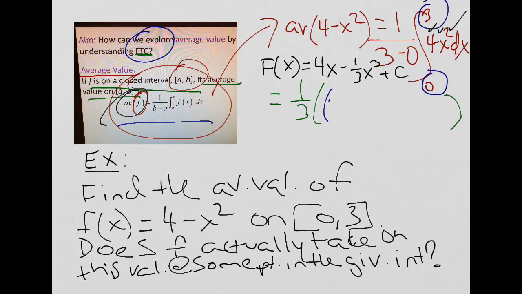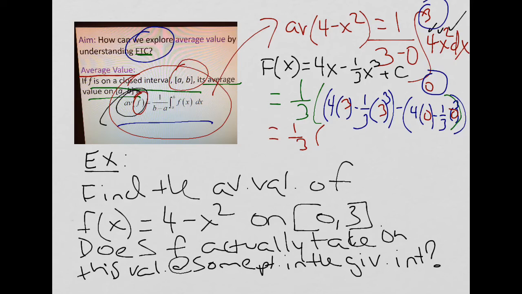I do, however, need to plug in the upper limit of integration in for x and the lower limit of integration in for x. So I'm leaving parentheses where I need them. That's a 3. Okay, so my upper limit was 3 and my lower limit was 0. Okay, and then we calculate.